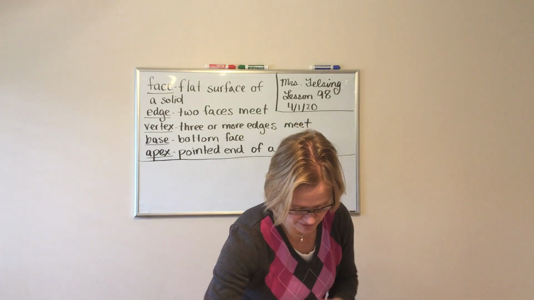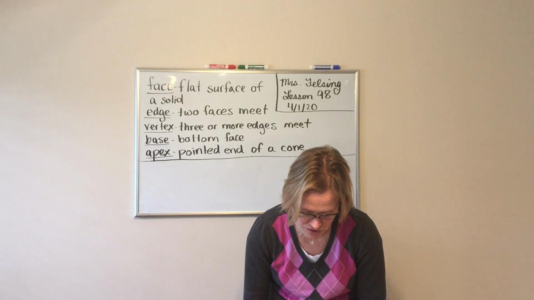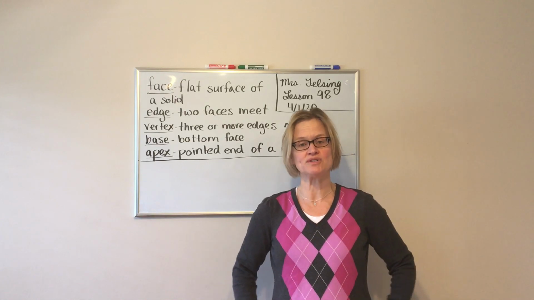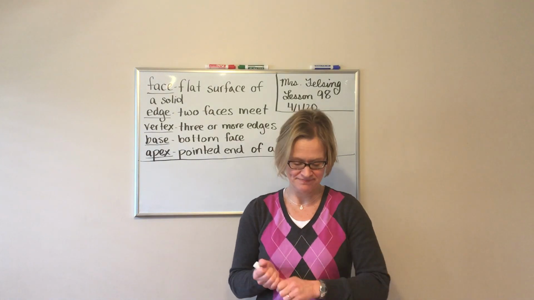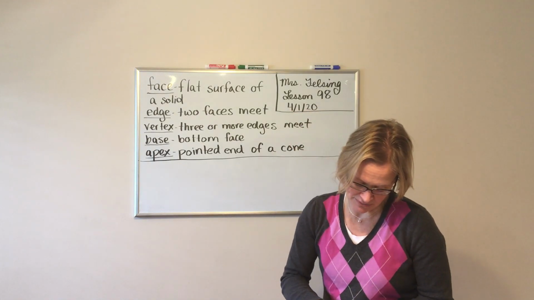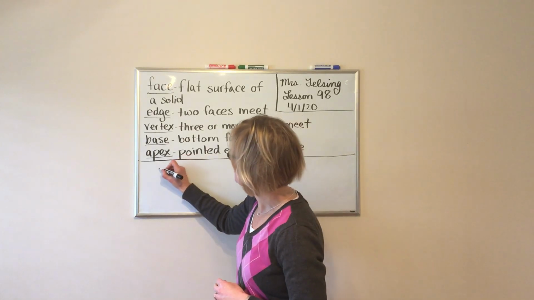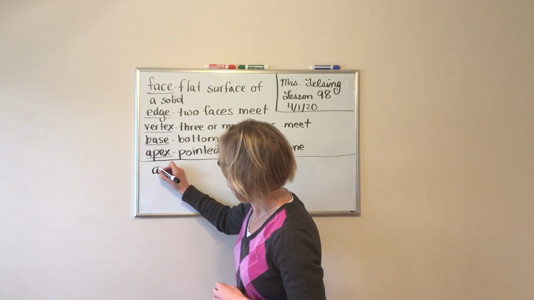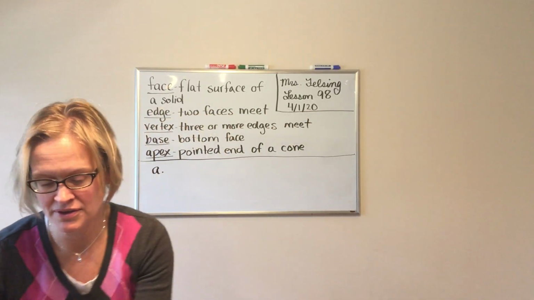All right, so I would like for you to take a look at page 621, and now we're going to work through the lesson practice starting on letter A. So in problems A through D, name the shape of the object listed. So I'm going to work through these with you, and it asks for letter A, basketball.